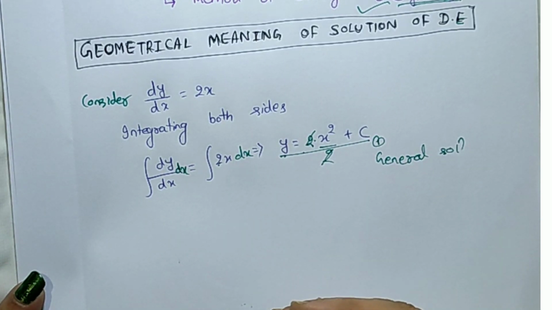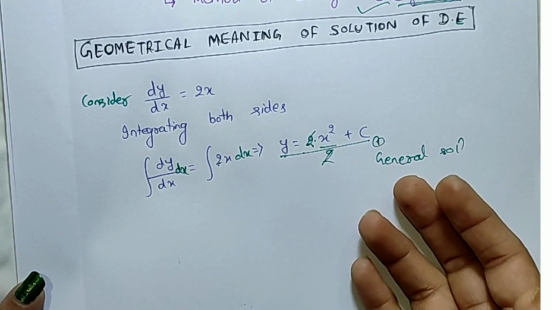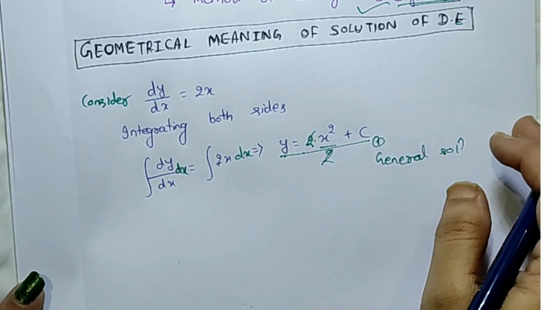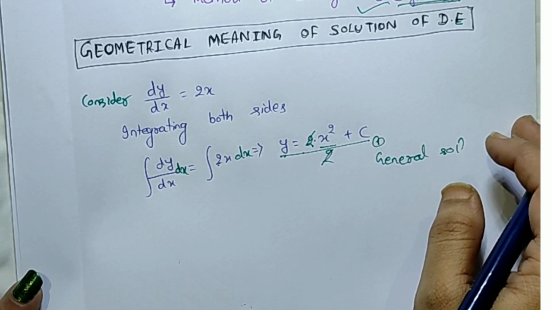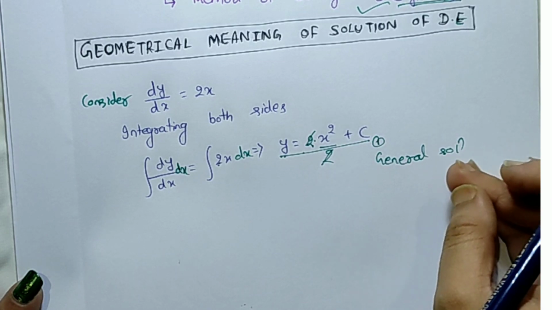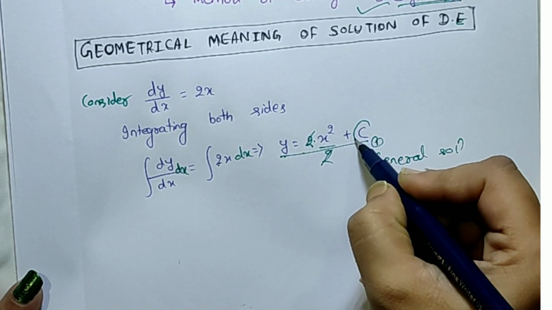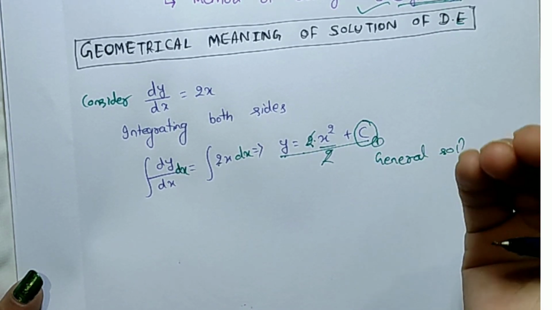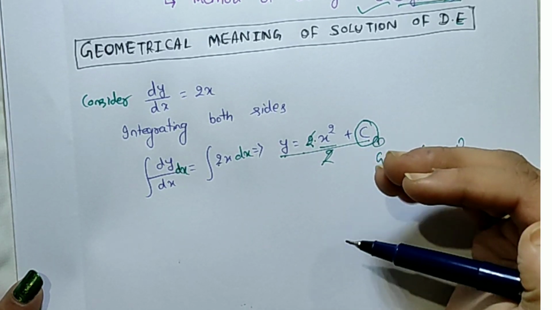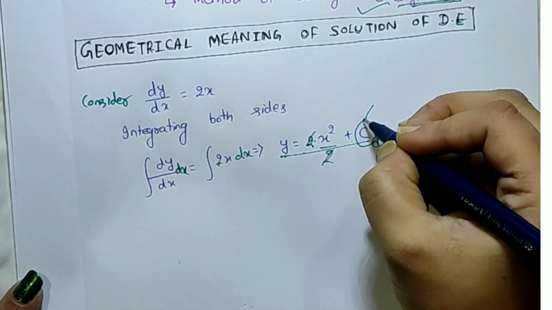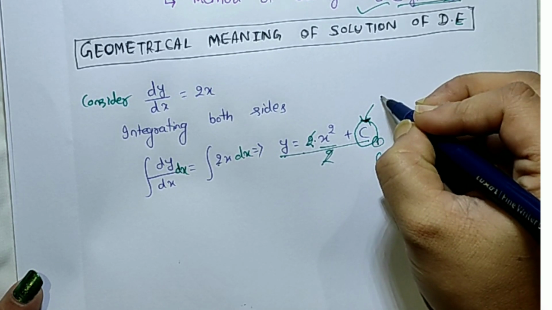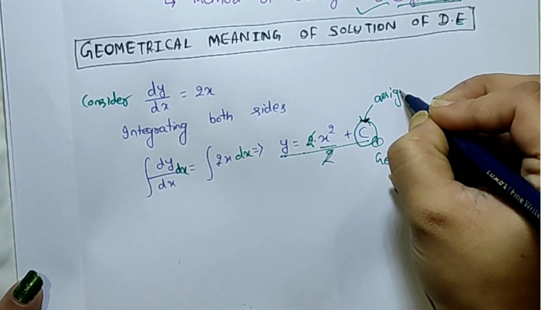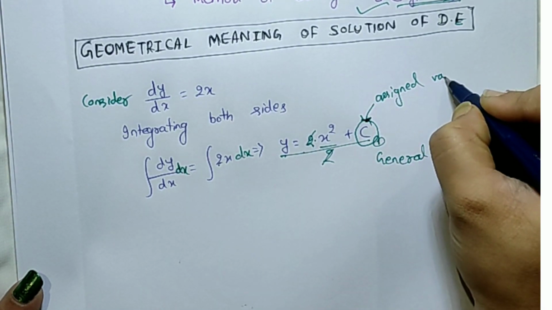We have already covered general solution and particular solution in lesson number 1, so you can watch that lesson. General solution has an arbitrary constant. So what is a particular solution? A particular solution is a solution where the arbitrary constant has an assigned value.